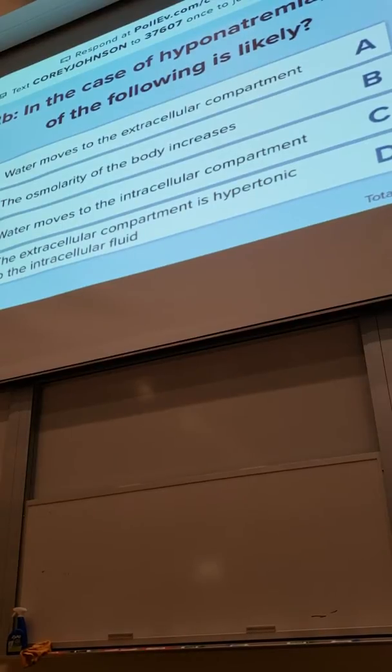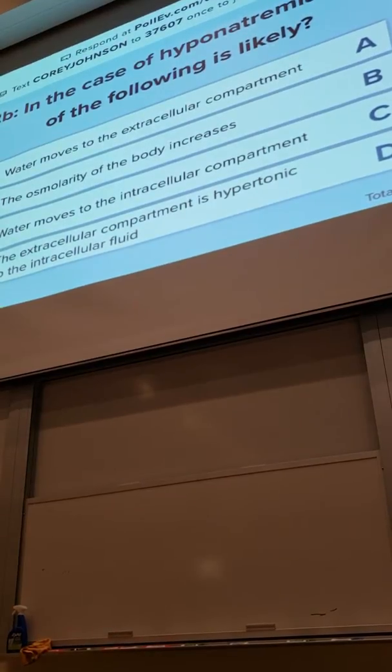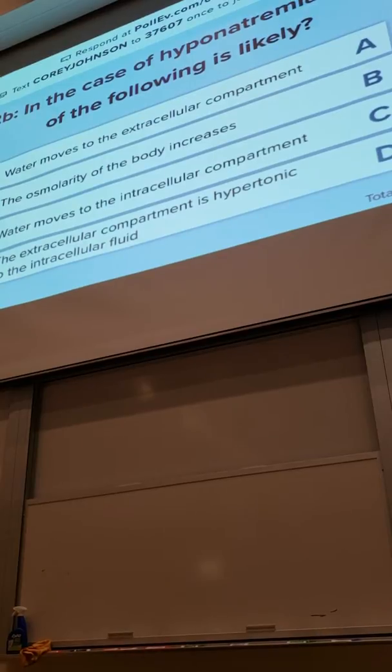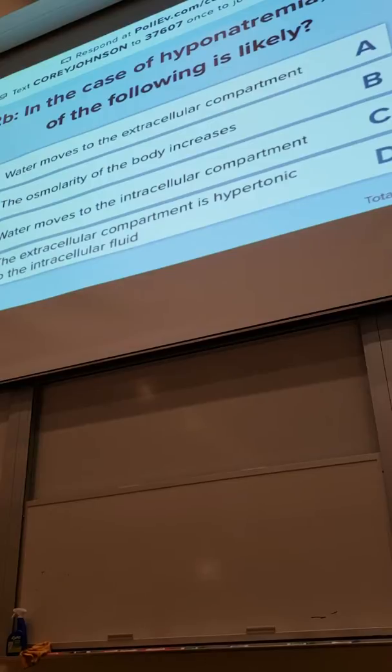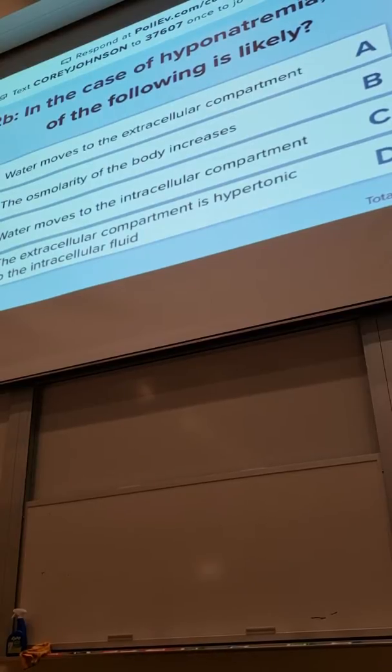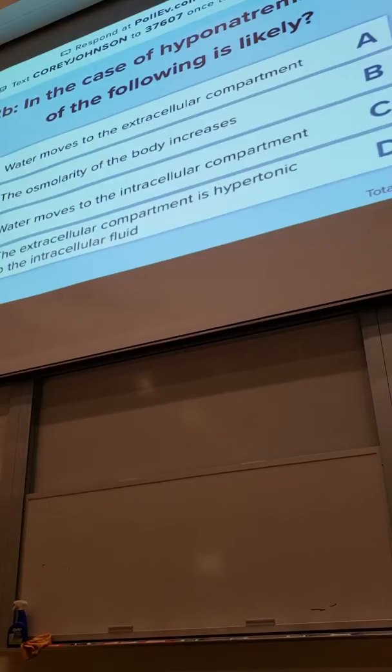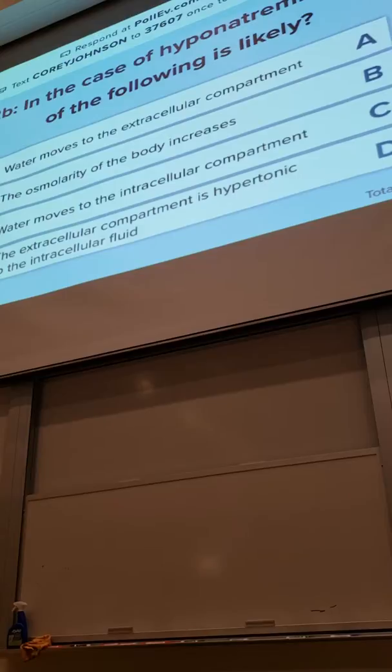Okay. What would make D correct? The extracellular compartment is, what term would we use instead of hypertonic? Hypotonic, or we could also say hypoosmotic, compared to the intracellular.